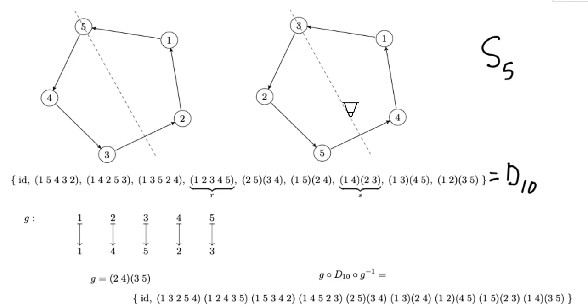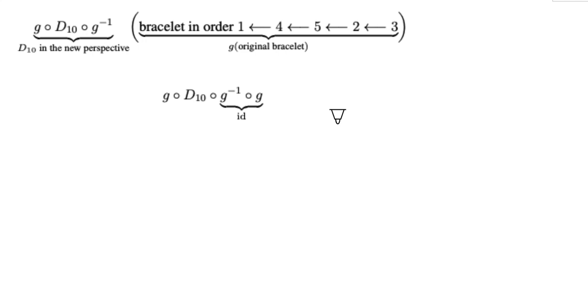Okay, great. Now let's consider, how do we describe the permutations that take us from this particular orientation in this configuration over to anything in this configuration? You can think of it this way: in the new orientation, this is the rotational symmetry group of our new configuration over here.